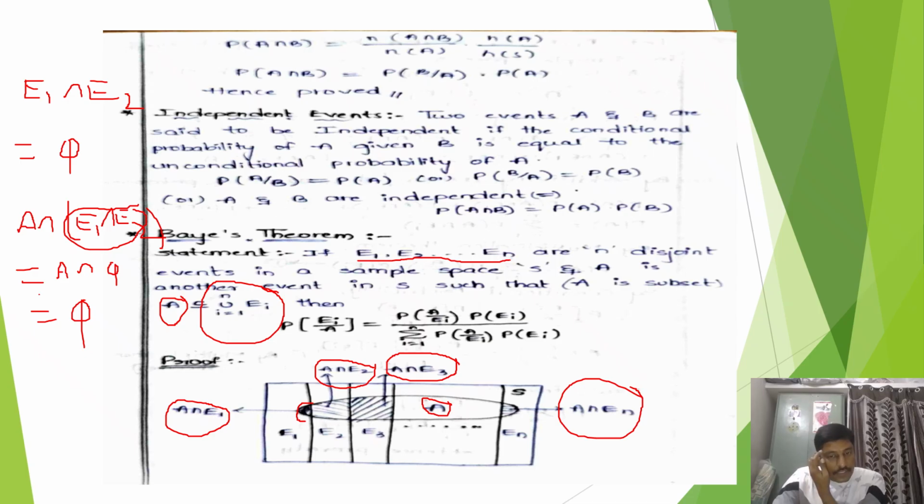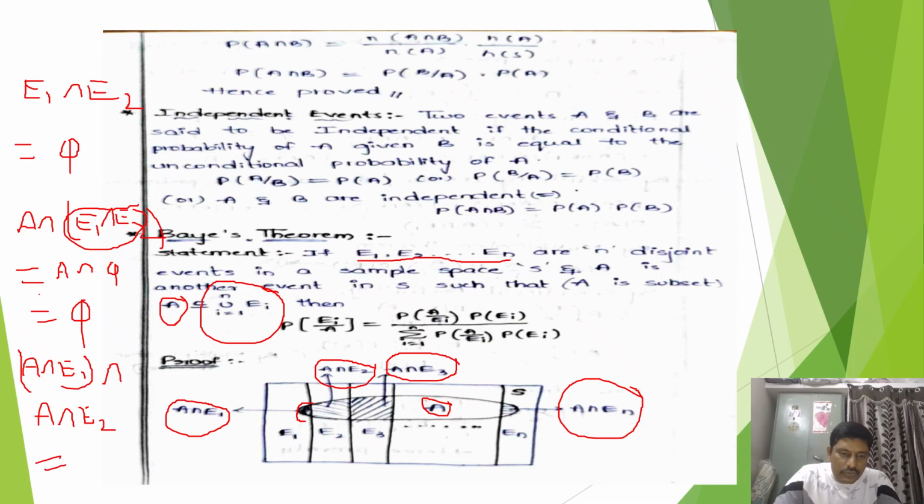So clearly you observe here, A intersection E1 exists, but A intersection E1 intersection E2 is equal to phi. That means A intersection E1 intersection A intersection E2 is equal to phi.